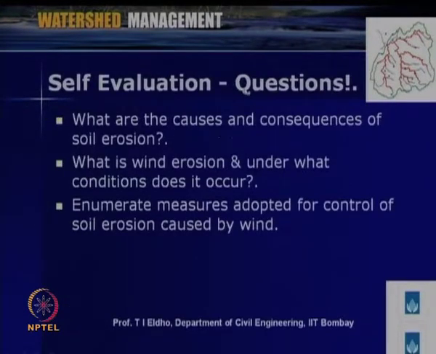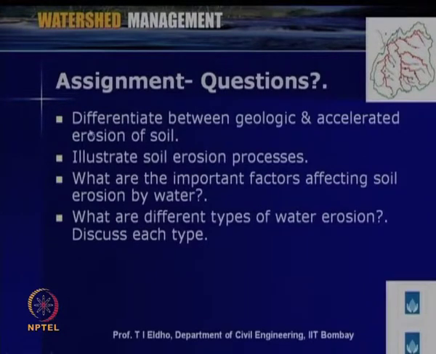And a few self-evaluation questions: what are the causes and consequences of soil erosion, what is wind erosion and under what conditions does it occur, enumerate measures adopted for control of soil erosion caused by winds. Then a few assignment questions: differentiate between geological and accelerated erosion of soil, illustrate soil erosion processes, what are the important factors affecting soil erosion by water, what are the different types of water erosion, discuss each type.